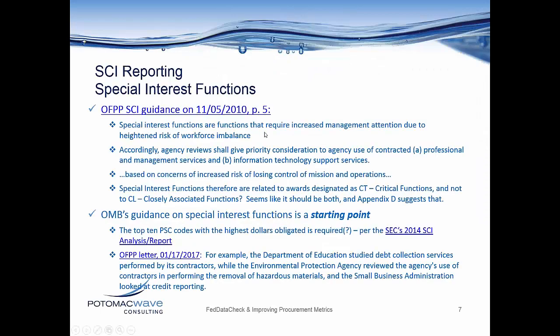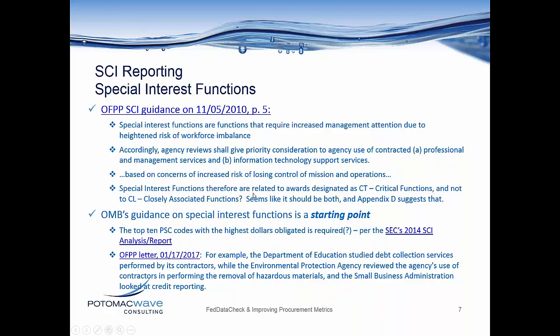Special interest functions are functions that require increased management attention due to heightened risk of workforce imbalance. Accordingly, agency review shall give priority consideration to the agency's use of contracted professional management services, information technology support services. These special interest functions are special because they have an increased risk of the agency losing control of its mission and operation.